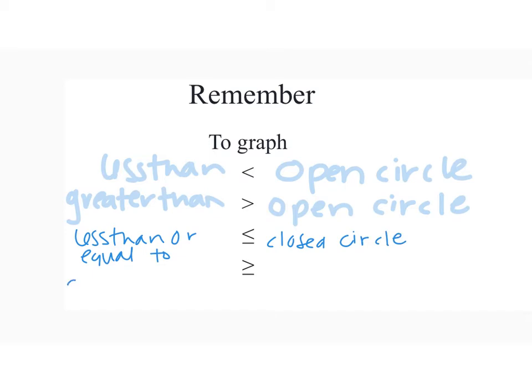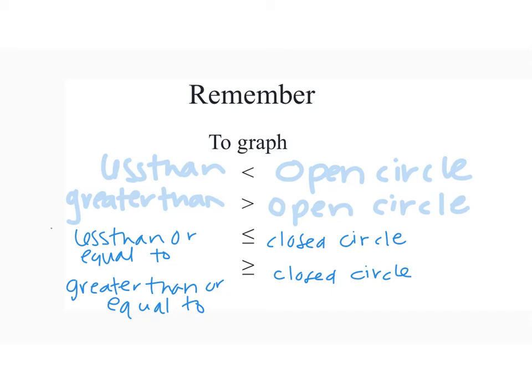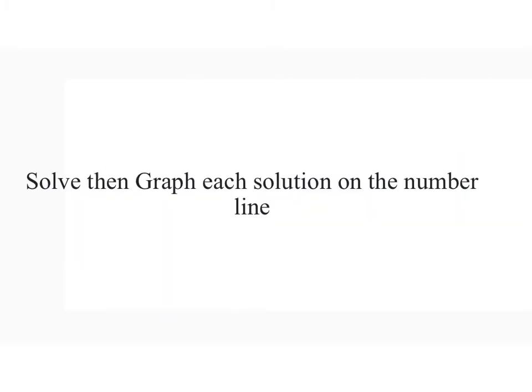And then the bottom one is a greater than or equal to sign. Again, you're going to use a closed circle, because it includes the number that you are graphing. So anytime you have an equal to part, you will have a closed circle, and if you just have a less than or greater than sign, you will use an open circle.